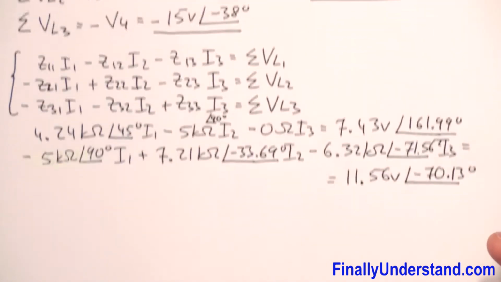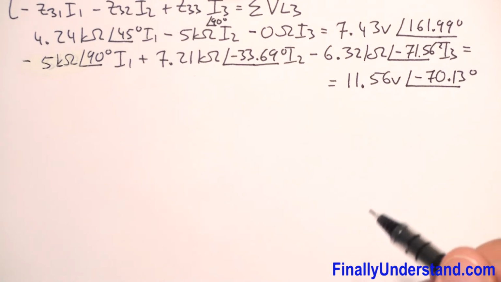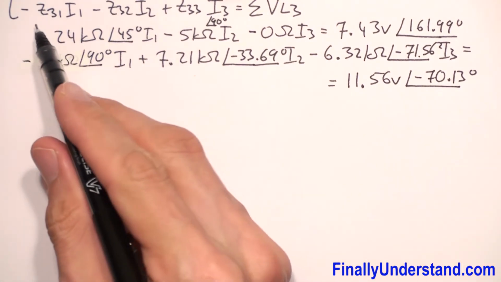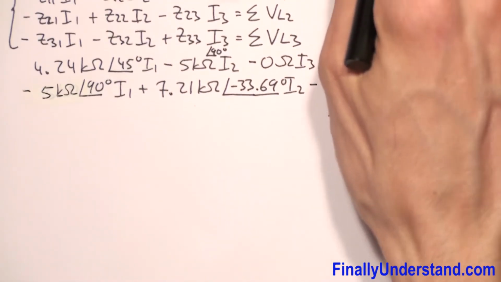Next we're supposed to write the third mesh equation. So we have, again, according to the formula, negative sign first.